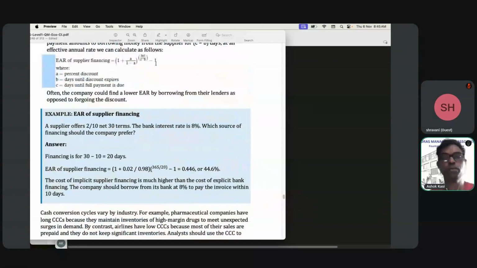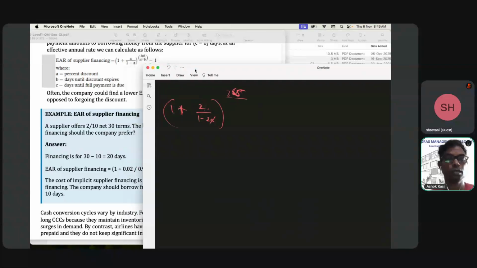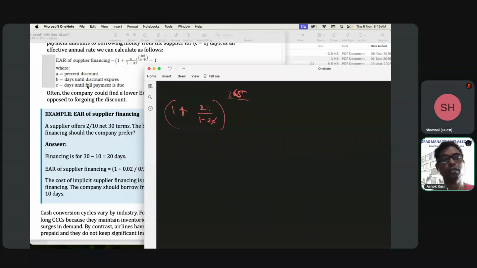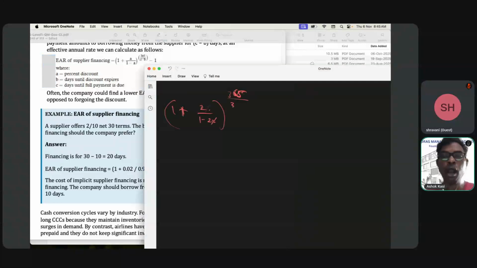If you want to try it this way, it will be 1 plus the percentage discount, 2%, divided by 1 minus 2%, raised to 365 by C minus B, then minus 1. C is days until full payment is due, B is days until the discount expires. So here it is 30 minus 10, which is 20 days.